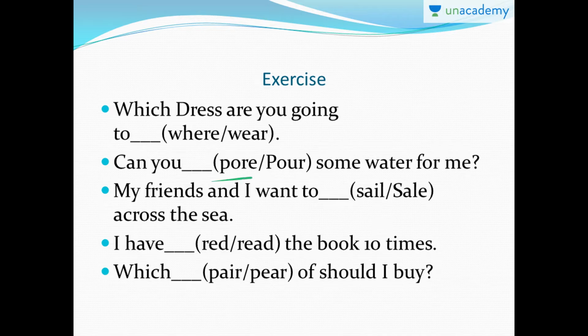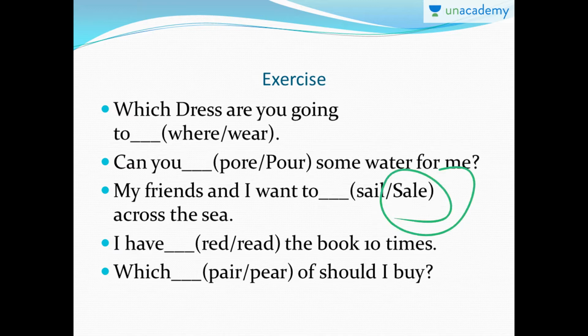Whereas pore is the small openings on the skin of a person. Okay, can you please pour some water for me? POUR. Next one. My friends and I want to sail across the sea. This sail is to go via sea and boat and ships. This sale is the year-end sale, 50% off, 40% off, 90% off. That sale is SALE.